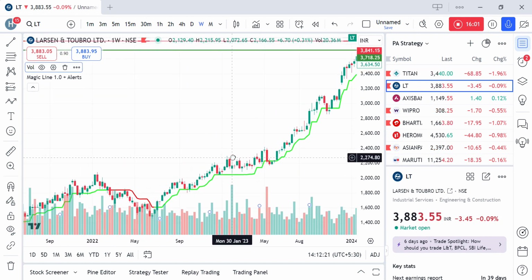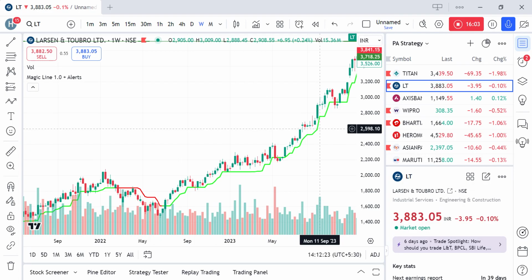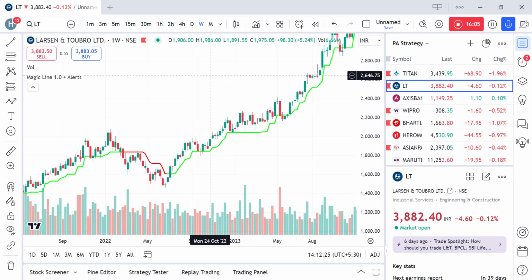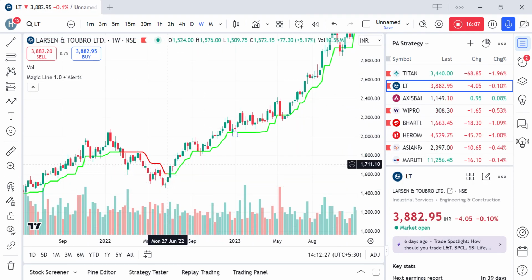Like you can see, this is a weekly candle, and there was a crossover in the weak position in July 2022. If you are an investor and want to invest in some good opportunities, before investing, won't you like to see whether this is a good time to invest in that particular share or not?